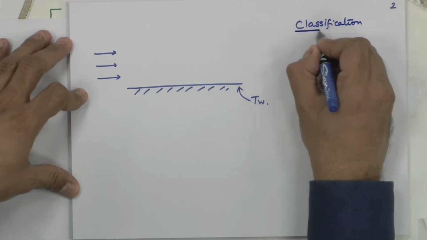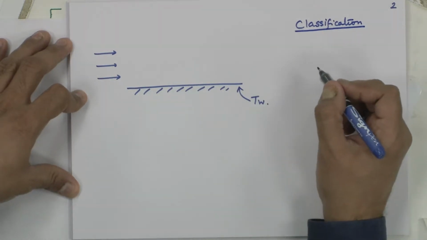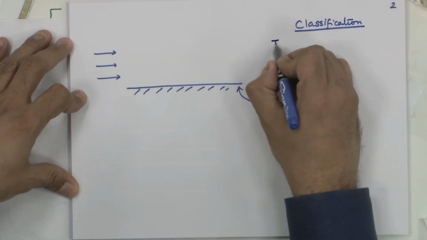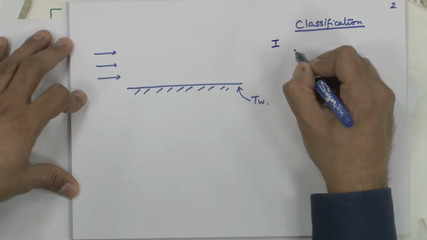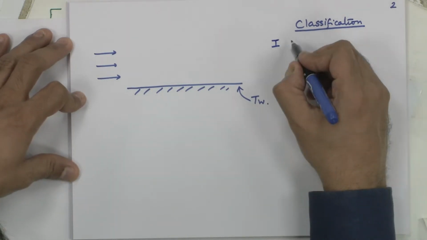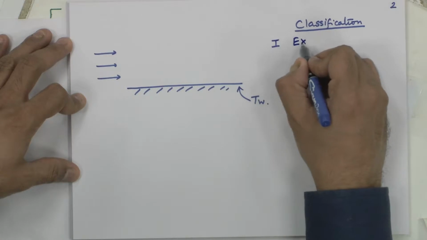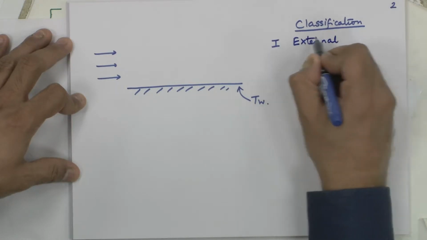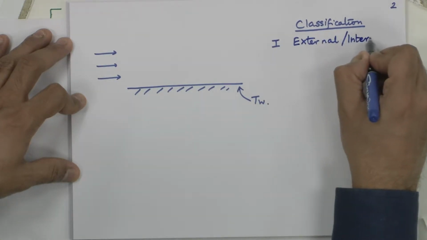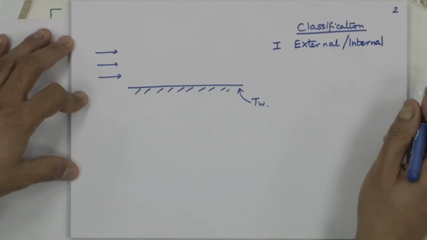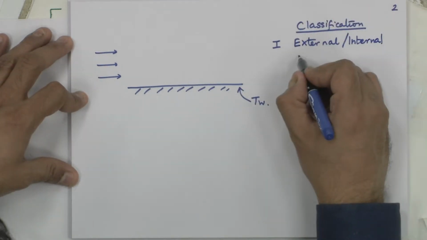There are various types of classifications possible. The first one is based on the geometry, how it is happening. It is called external flow or internal flow. There are two types. External flow is flow over a surface.